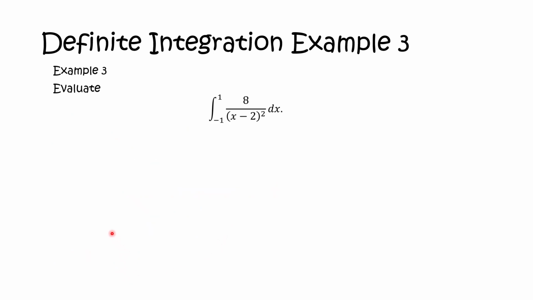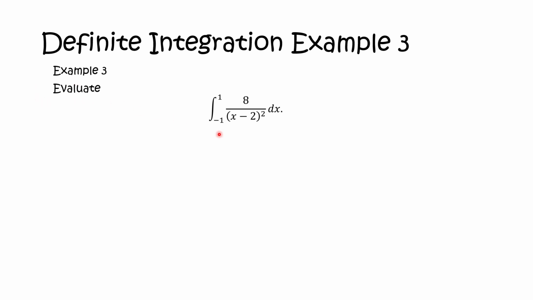So take note, this is how we would go about substituting for these x terms, and this is known as the definite integration. Let's take a look at example 3.